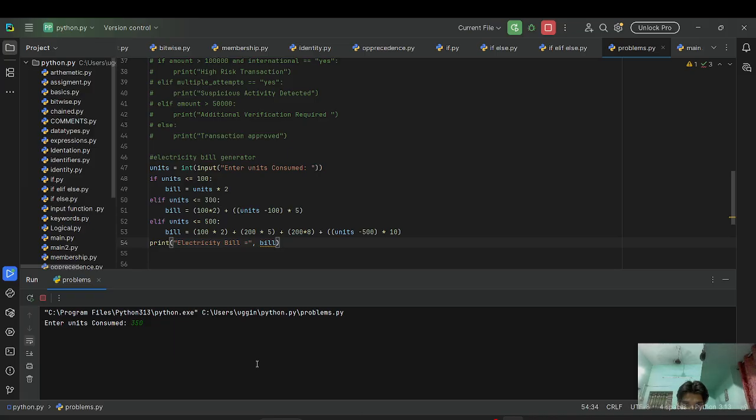So the remaining units, so the total. So we have calculated units minus 500. So the total, let's run this. Yes, exactly 1300. This is exactly how electricity billing software will work.